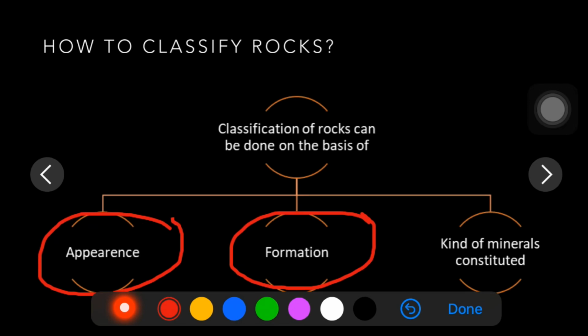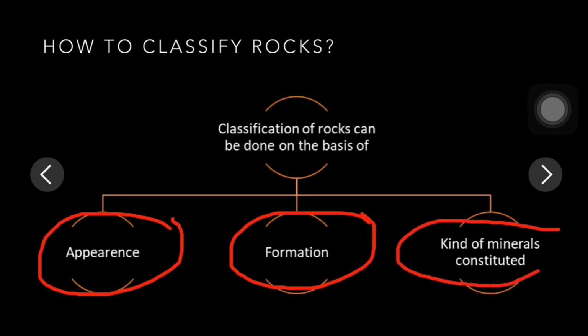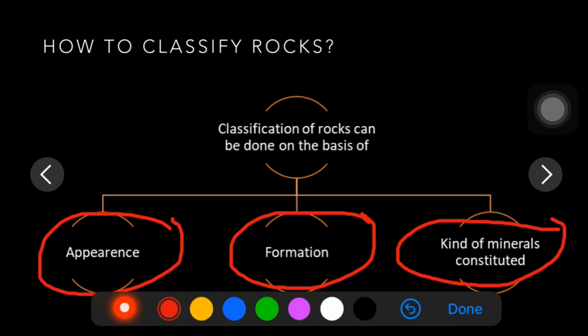The last point is the kind of minerals constituted. A very important point: which minerals are comprised in this rock also decides whether this rock is igneous, sedimentary or metamorphic.